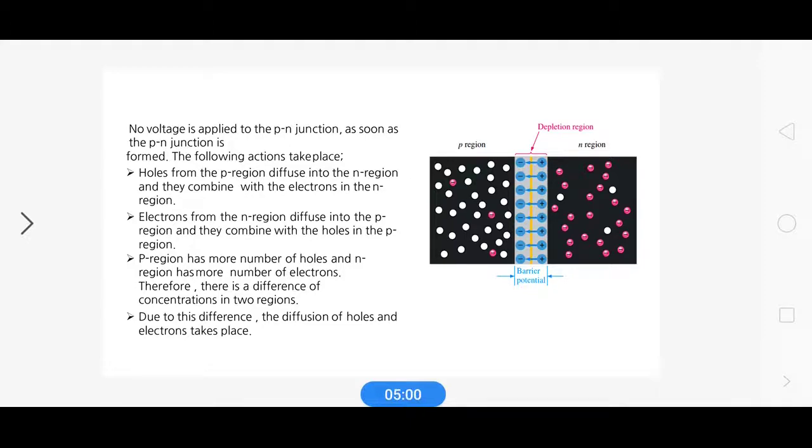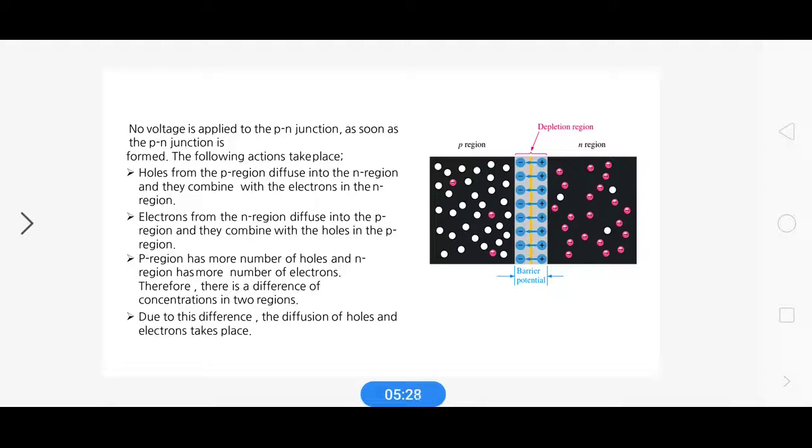as we know, holes are the majority charge carriers in the p region. These holes diffuse towards the n region and combine with the electrons in the n region. In the same way, electrons in the n region diffuse towards the p region and combine with the holes in the p region.